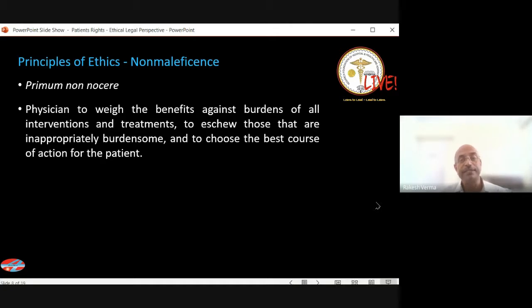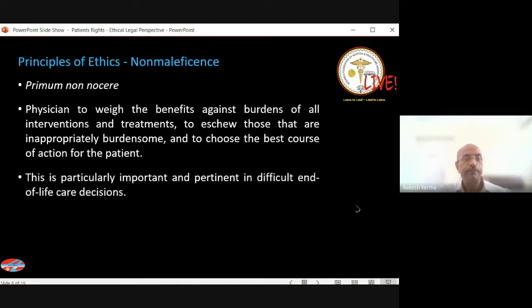The first one has a positive connotation, where beneficence means that you always look for what is beneficial to the patient and for the good of the patient. And non-maleficence is that you avoid harm by all means. This is particularly important and pertinent in difficult end-of-life care decisions. In fact, many medical decisions will need consideration of this principle when we take care delivery-related decisions in our day-to-day practice.